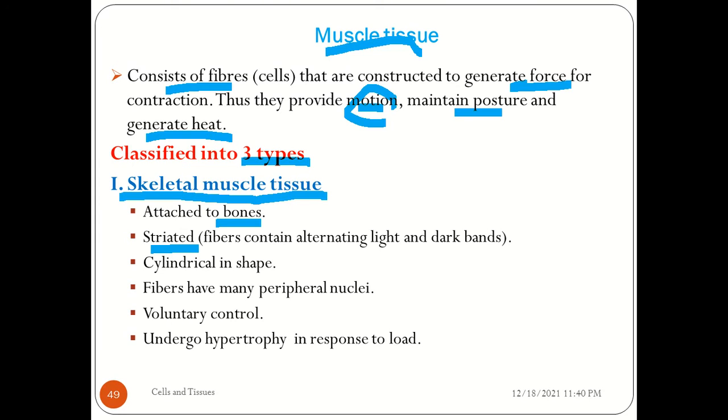The shape of skeletal muscle is long and cylindrical, and the fibers have many peripheral nuclei, whereas the others have one or two nuclei. It also has voluntary control, because almost 700 muscles are under voluntary control, as we voluntarily move them.